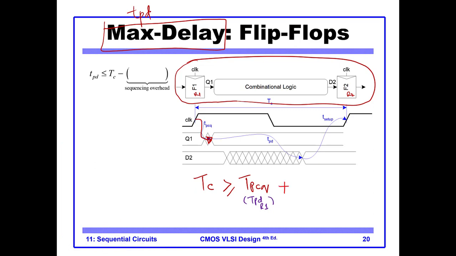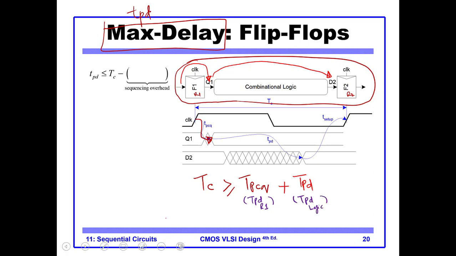In that amount of time your data goes from here to here. This is called TPCQ. Then from here to here it goes in an amount of time that is called TPD, which previously we called TPD logic.